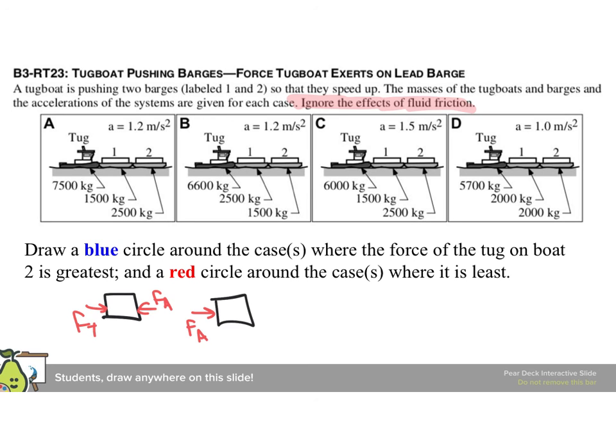And we see, and this is the key bit, that the force of the tug is not applied to boat 2. The tug is not in contact with boat 2, so it doesn't exert any forces on it directly. It has an effect via the intermediate one, but it's not directly exerting a force on 2. So this is sort of a trick question. They are all 0, which means they are all the greatest, because they're all the same, equal to the maximum, and they're all the least, because they're equal to the minimum.